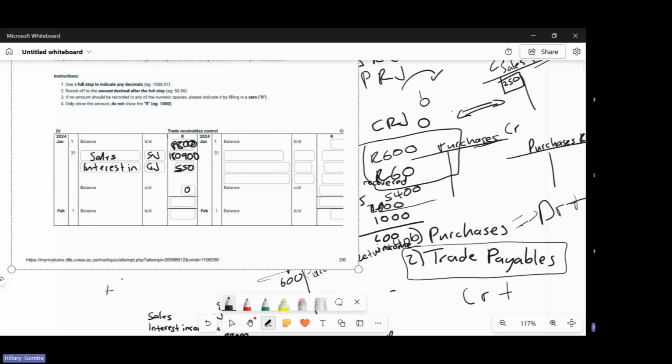If you say 88,000 plus 550 plus 180,900. No, did you add all three? This one plus this one plus this one. 88,000 plus 180,900 plus 550.